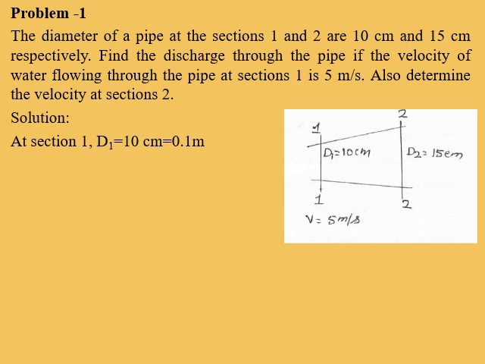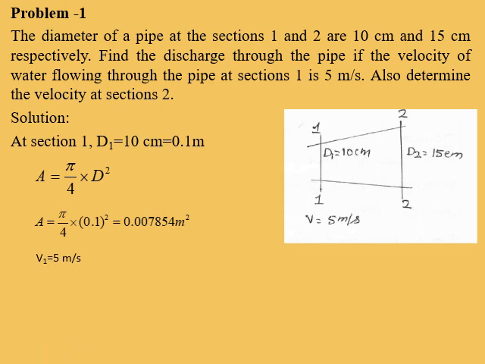So this is the data connected to section 1-1. The diameter is 10 cm. Convert that 10 cm into meters, that is 0.1 meter. By using the formula, area is equal to pi d square by 4, find the area at section 1-1. That area is equal to 0.007854 meter square. The velocity is given as 5 meter per second, that is v1.